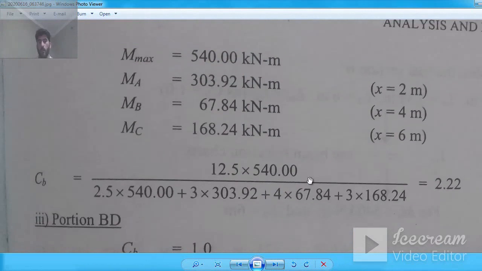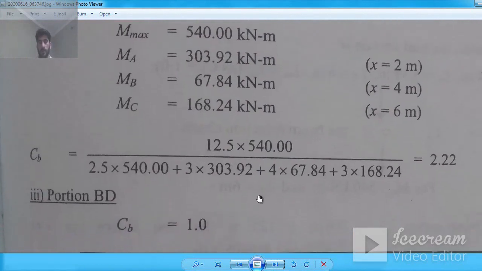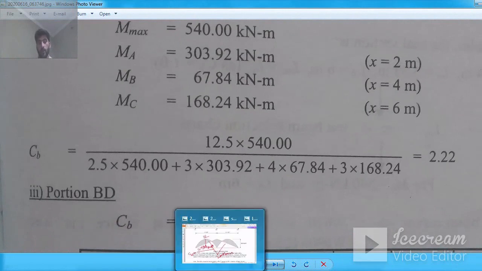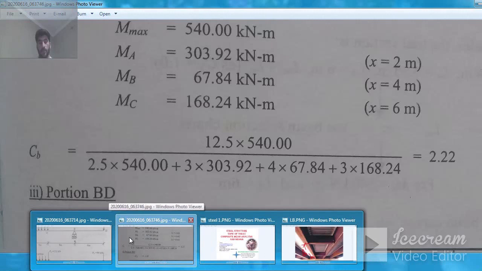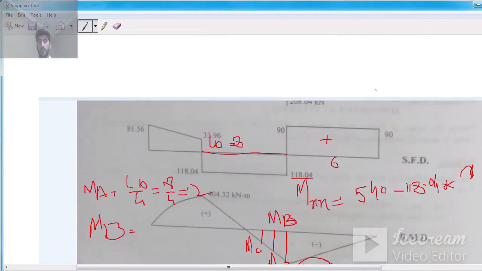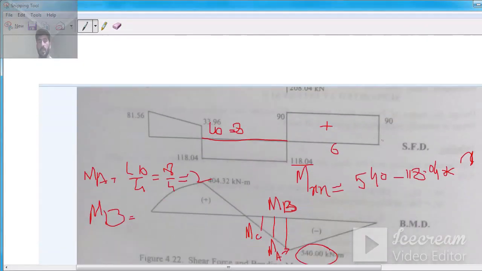The portion BD, CB is equal to 1.0. Why? This is important. Remember, you have a cantilever portion, and for a cantilever with a free end, if it is not braced, then in that case it will be 1.0.